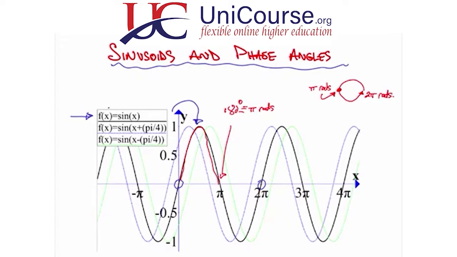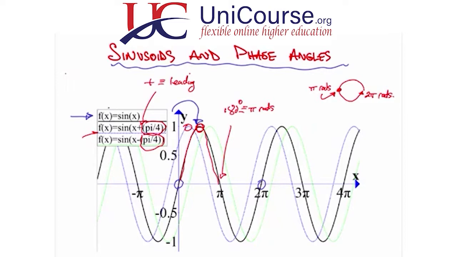In terms of this idea of phase angle, we're looking at this thing here and this thing here. When we have a leading phase angle, so plus means leading, what that means is, if you look at the blue waveform, this one, it leads the original waveform by this amount, pi by 4.